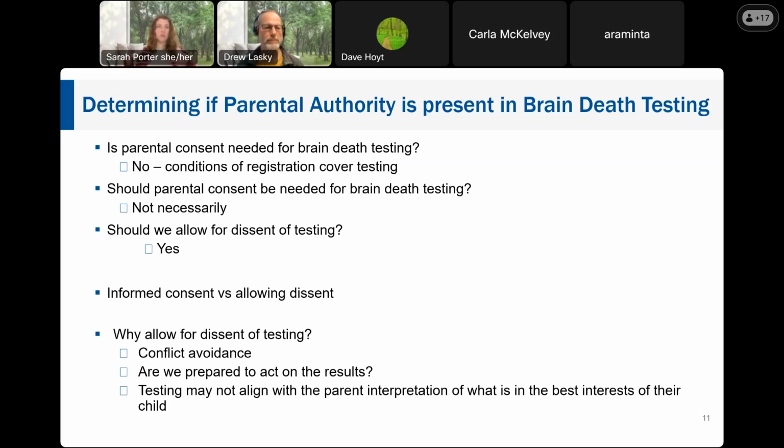It's much harder to move a family in that situation, and the fatigue and the moral distress and the burnout that can cause for the team is significant. And for these reasons, we think it's a really good reason to allow for dissent of testing to try and avoid that conflict. Right.